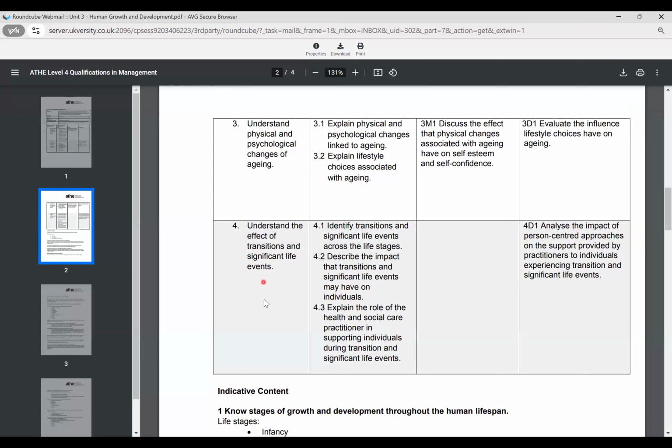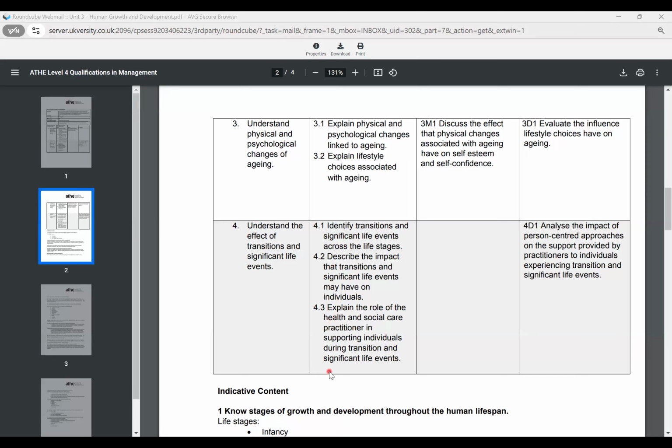The fourth and last learning outcome is to understand the effect of transitions and significant life events. Here, to just have a pass, you would want to identify transitions and significant life events across the life stages, and to describe the impact that transitions and significant life events may have on individuals.